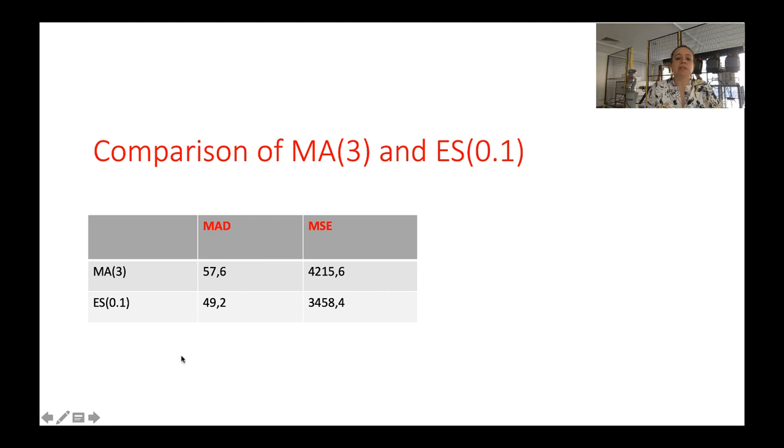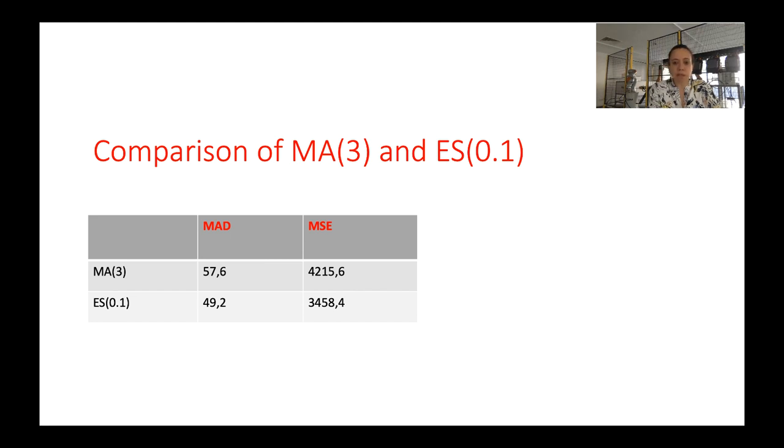So, in fact, does it mean that the values that we obtained by the exponential smoothing method are better than the values that we obtained by the moving averages method? No, because the parameter settings are important. We chose the n value as 3 and the alpha value as 0.1.